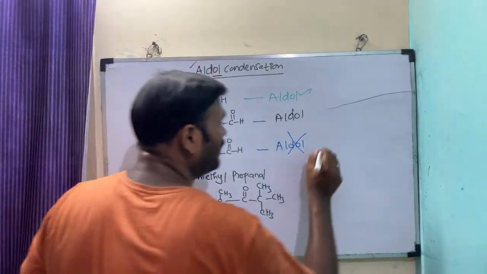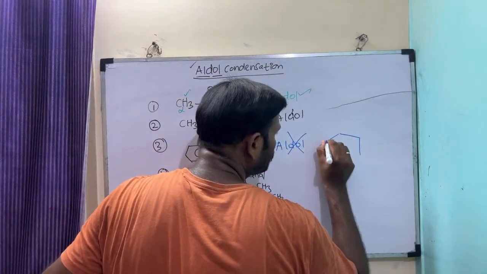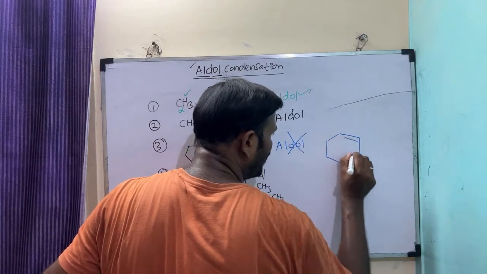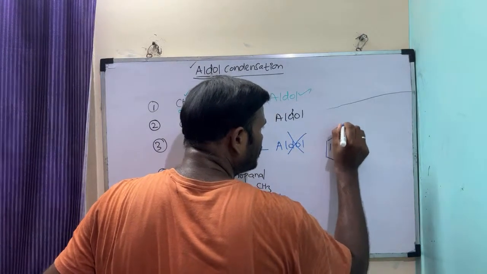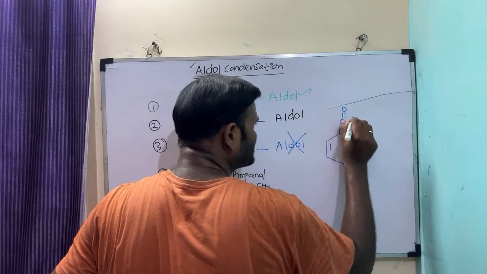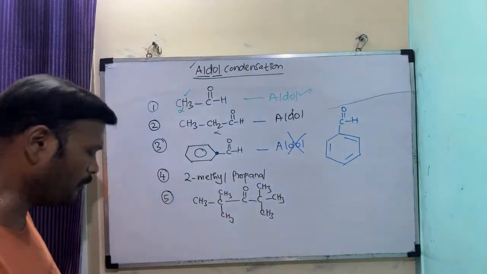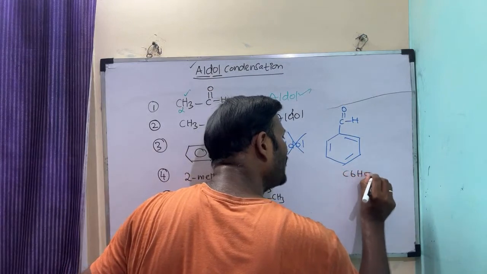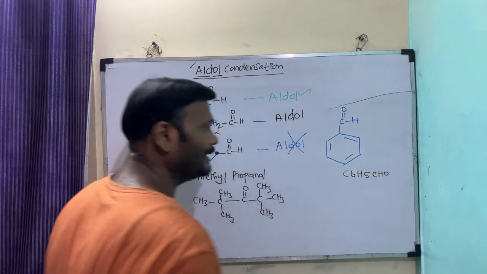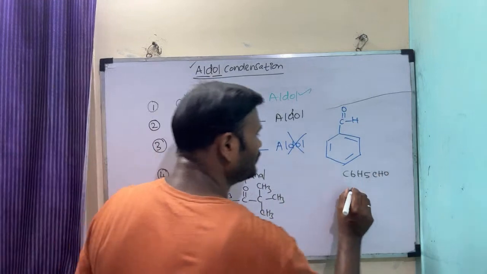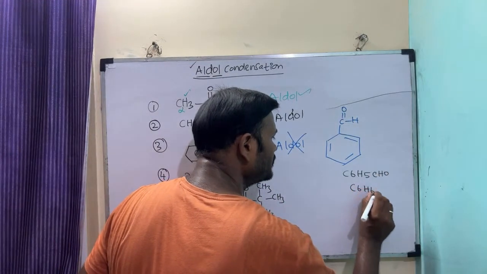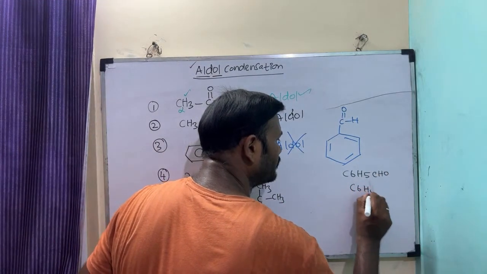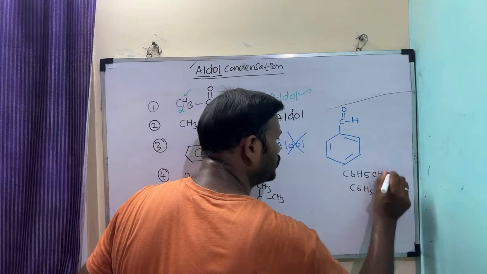But here, look at the benzene ring. What is the formula for the benzene ring? 1, 2, 3 here, and here C double bond OH is there. Clear? What is the molecular formula for this? It is nothing but C6H5CHO. Clear? So instead of C6H6, in place of one hydrogen, this aldehyde group is coming.